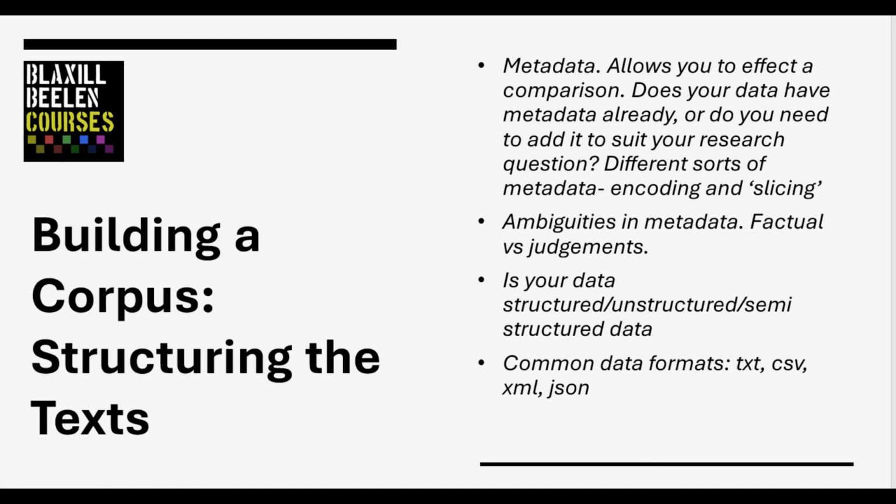It may be the case that what you have downloaded or obtained has metadata in it already, which is to say that if you've downloaded 2 years worth of newspaper articles from the British Newspaper Archive, you are going to have in the file names 1880 versus 1881.